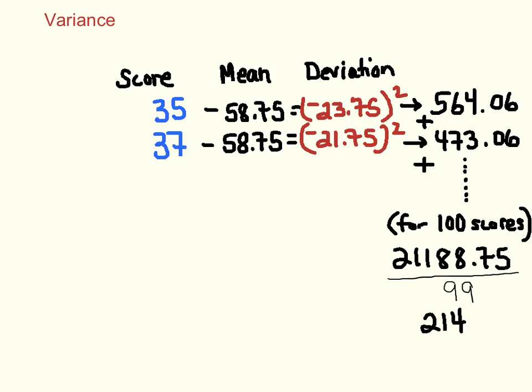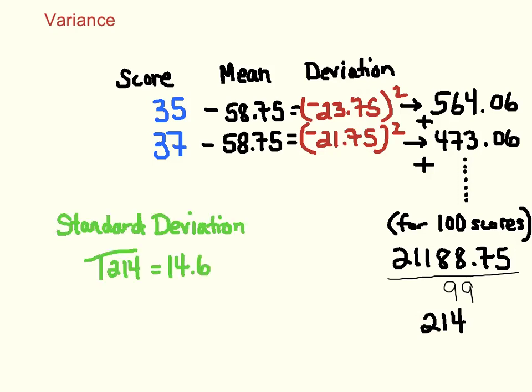So to deal with that, we calculate the standard deviation, which is the square root of the variance. So here we see the standard deviation, the square root of 214 in this case, and that equals 14.6.